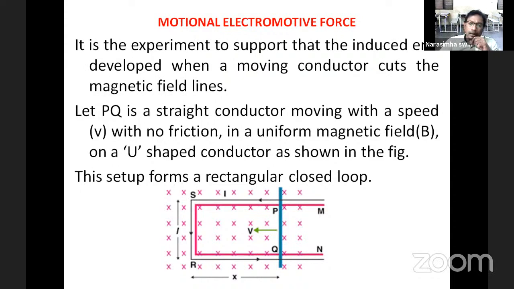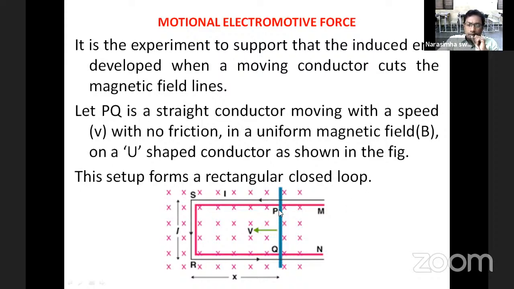Okay, see here, MN are the two metallic rods, and SR is also a rod connected. Totally the setup is U-shaped. MSRN is a U-shaped metallic frame.